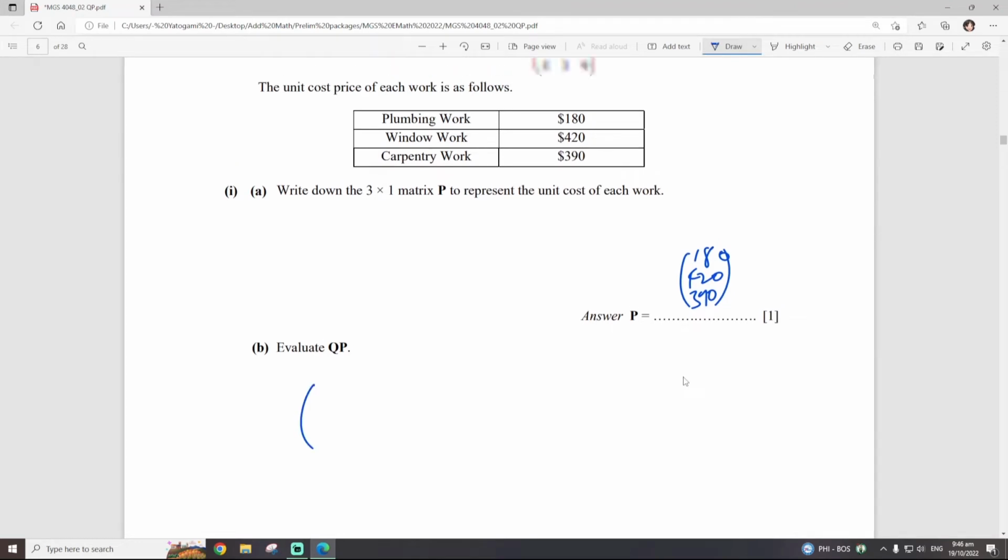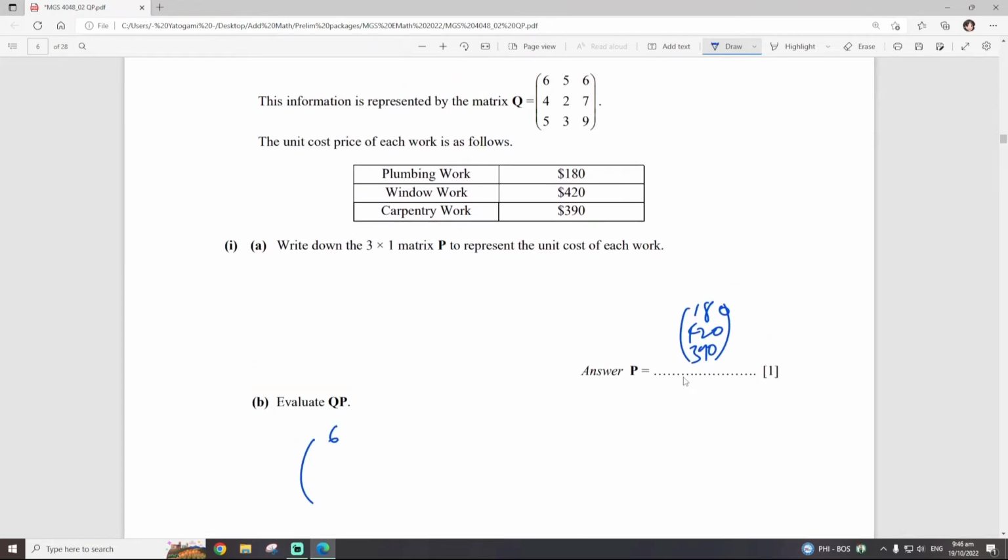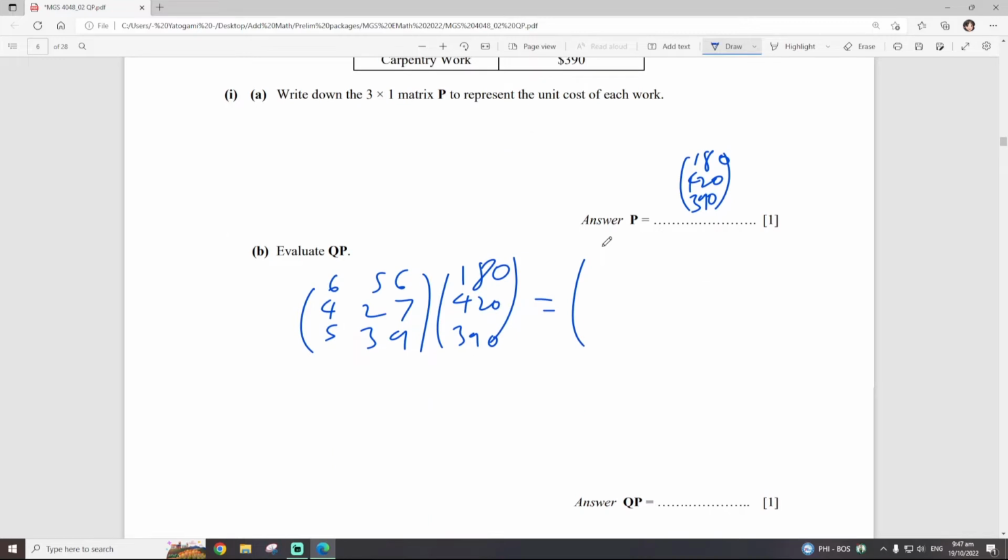So that will be multiplying the matrix 6, 5, 6, 4, 2, 7, 5, 3, 9 by 180, 420, and 390. Now we have a 3 by 3 times a 3 by 1, so you will get another 3 by 1 matrix. So we will get 6 times 180 plus 5 times 420 plus 6 times 390, and you will get 5,520, and then you repeat with the other two rows essentially.